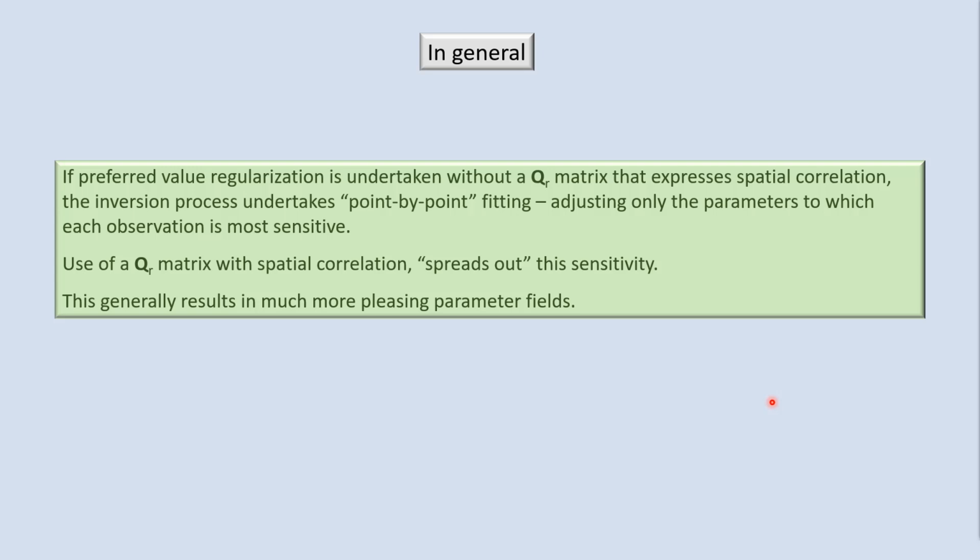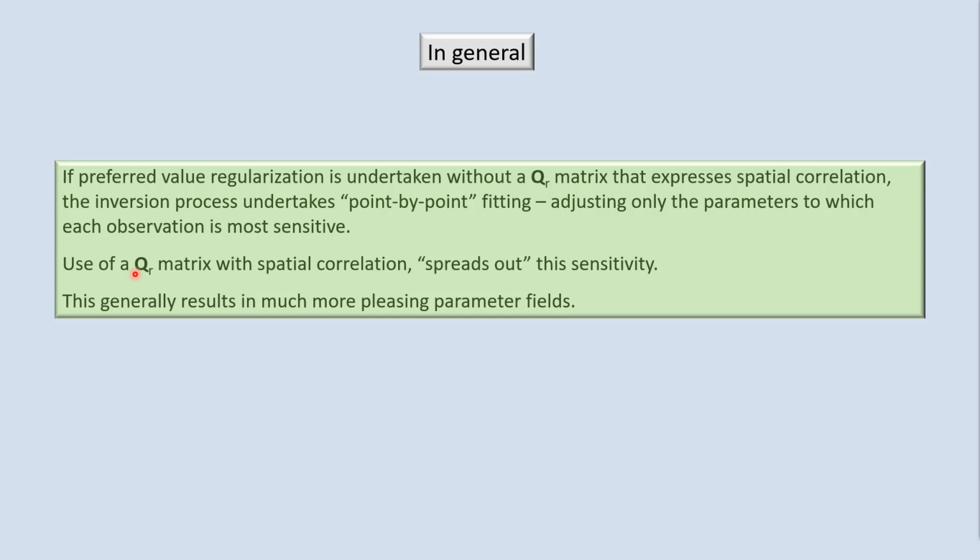That situation is easily rectified by defining our QR matrix on the basis of a spatial correlation which we know to exist or we would like to exist in our calibrated parameter field, and therefore the parameter field that emerges through the history matching process will show spatial continuity in ways that we will like, and we will not get a blotchy point-by-point fit with the data.